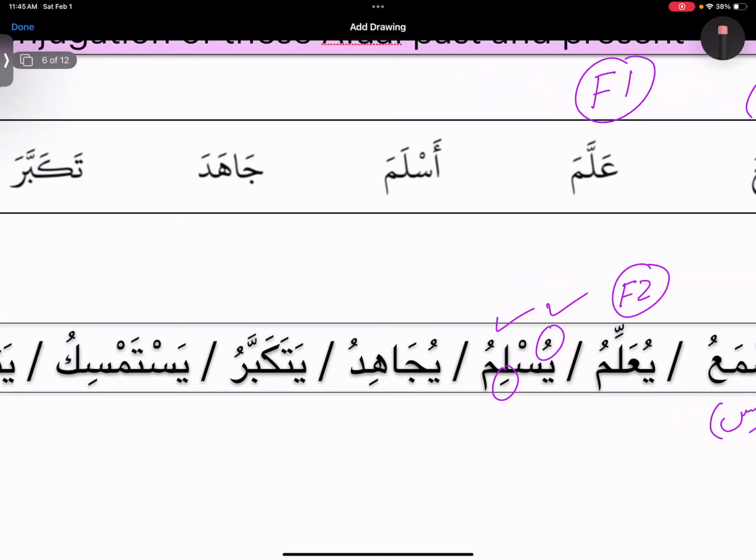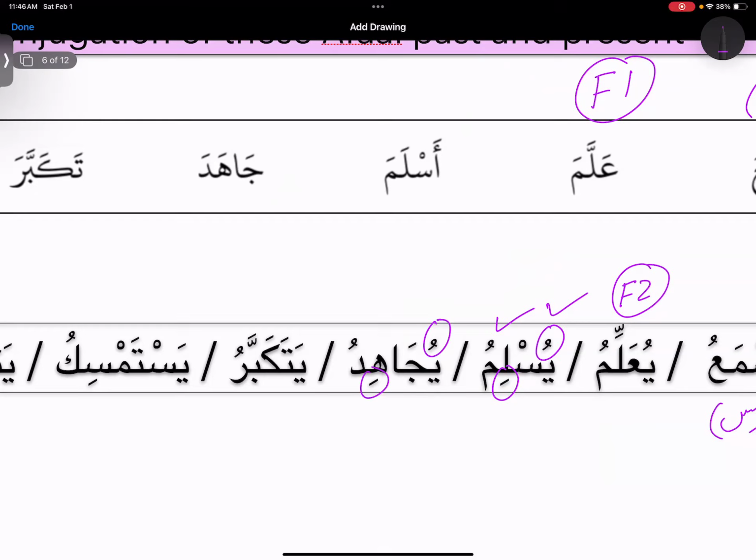Again, is it family one or family two, the mazid fihi one? Jahada is a big family, because I see something extra. Subhanallah, so easy, right? When I convert it into mudariya, it takes yu with dhamma, and the middle letter takes a kasra.